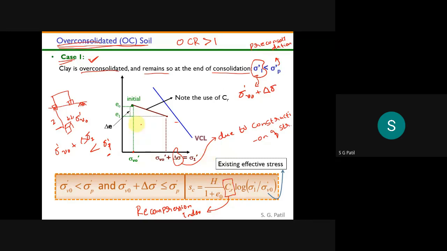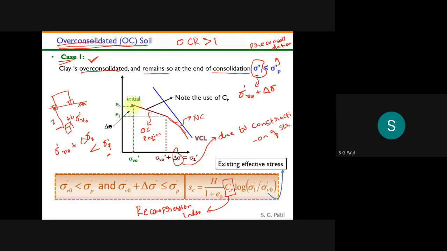If you remember, the full figure is like this. If you remember from your previous classes, here this is my NC region, and this is my OC region. What do you mean by this?